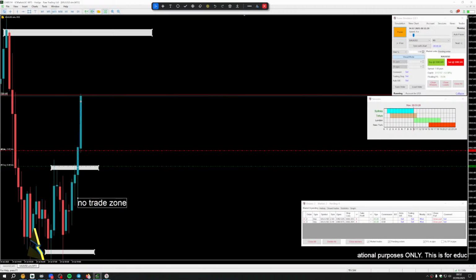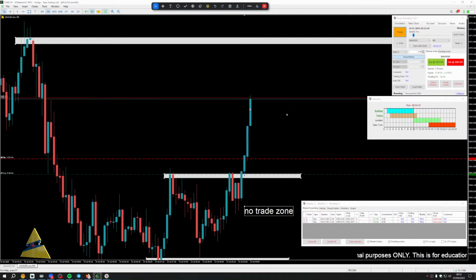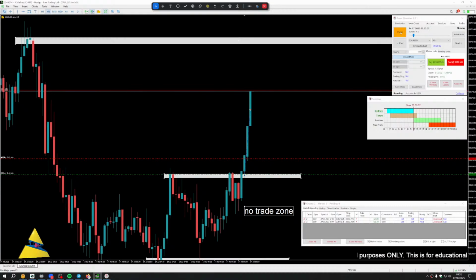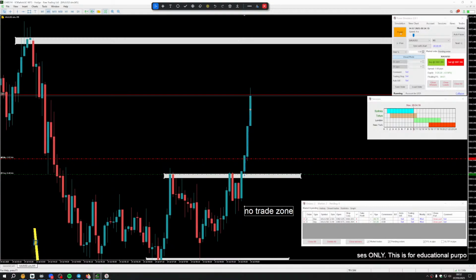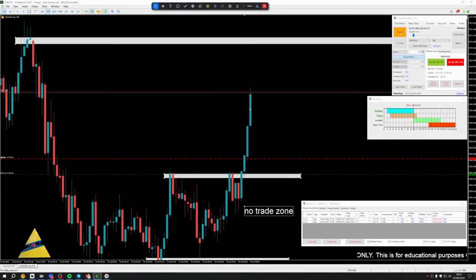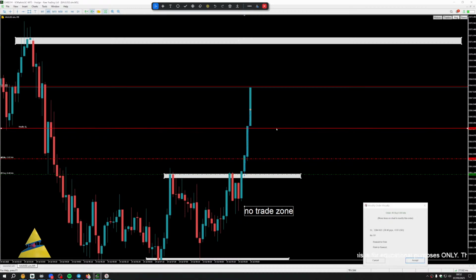And then if price continues to move up, we can look to secure some more profits. See, candlestick is just skyrocketing right now. We got about 30 simulation seconds for this candle here to close. All right, so as this candle is closing bullish, I'm going to adjust my stop loss and secure some additional pips.